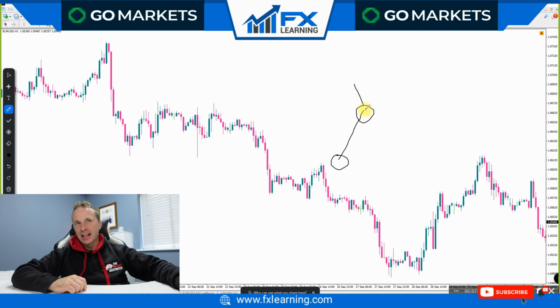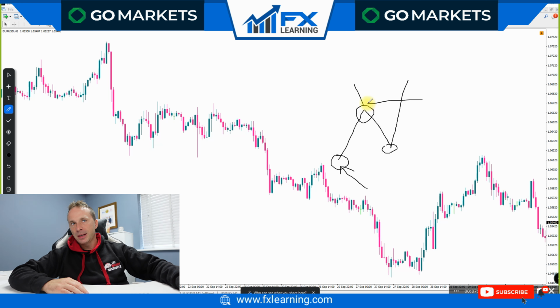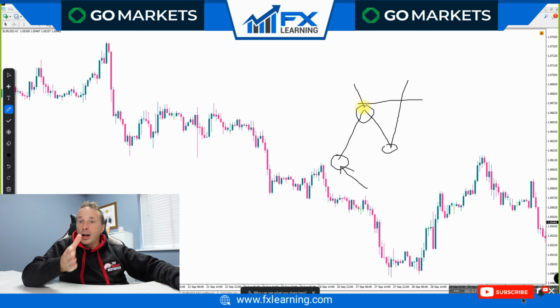So as you can see here, price has pulled back. Now price, when it's pulling back, has to be higher than the previous higher low. It has to be, okay? Again, this will only be confirmed once the higher high has been broken. So here, now the higher high has been broken, we have now identified the previous high and low, okay?